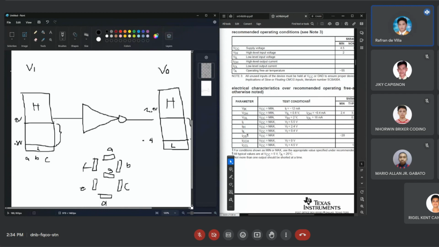So naa siya diri nga range, di ba? Kanang maghisgot ka og 2.4. So naa diri dapita. Kaning 0.4 naa pod diri dapita.